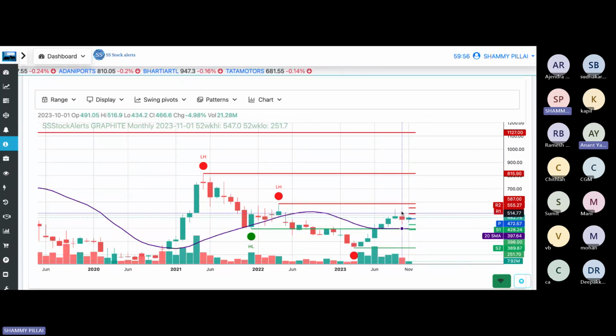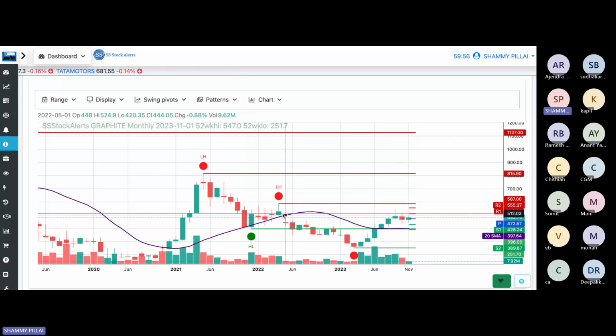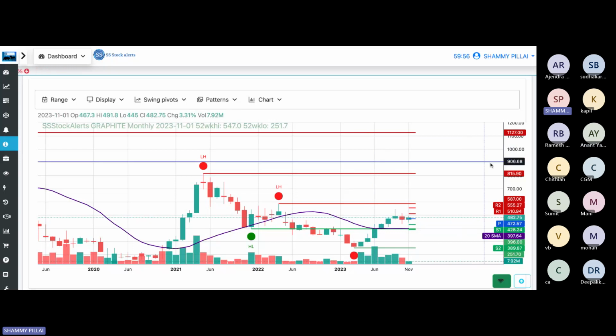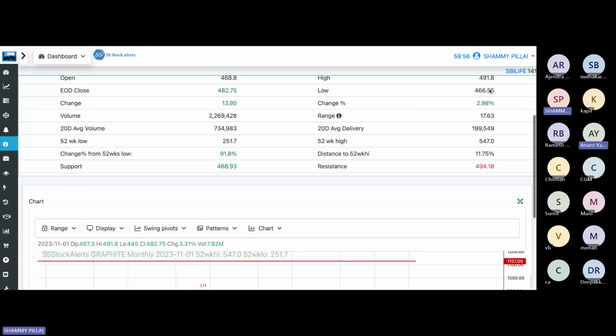So right now you should reduce your holding because this guy is here. Someone who has sold at this trajectory will never let the stock go up above its level. Please be careful in the stocks.